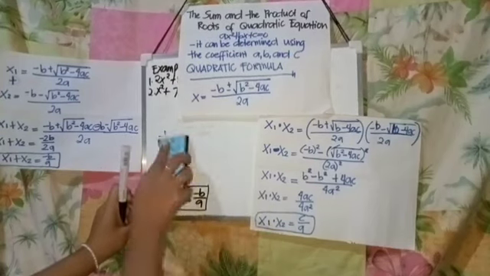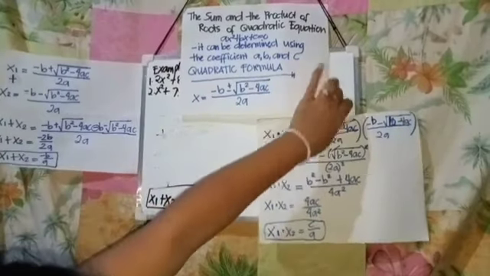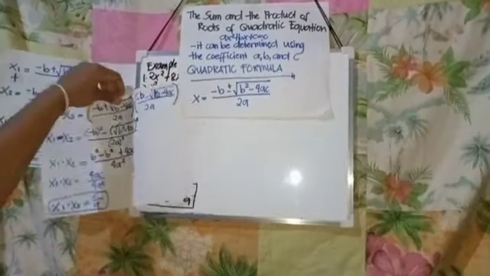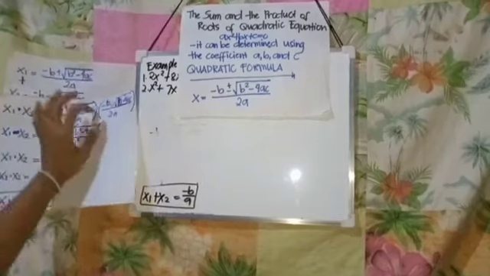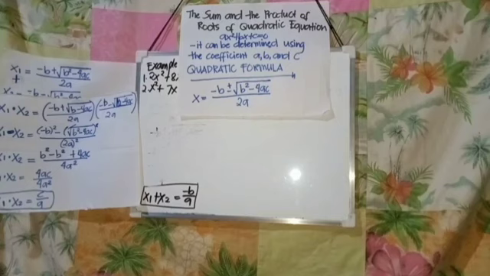How about the product of the roots of the quadratic equation? Same as how we did with the addition. Here we have the quantity of negative b plus the square root of b squared minus 4ac all over 2a.